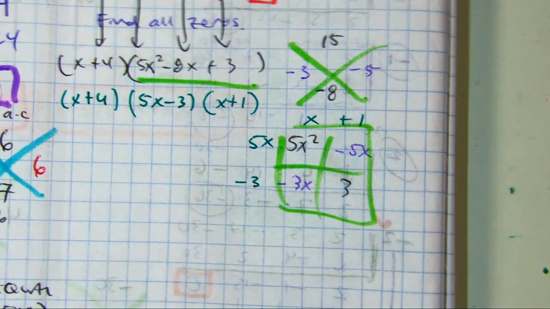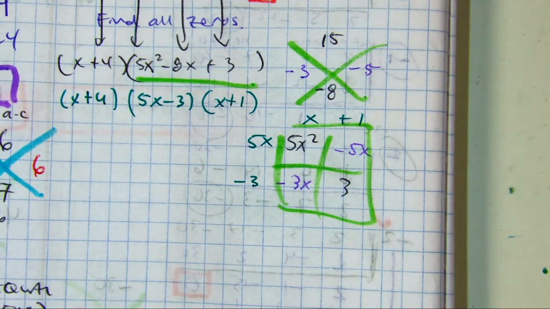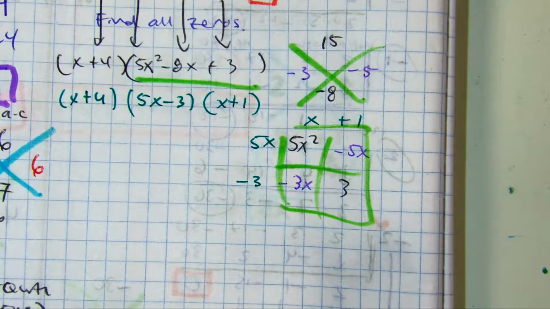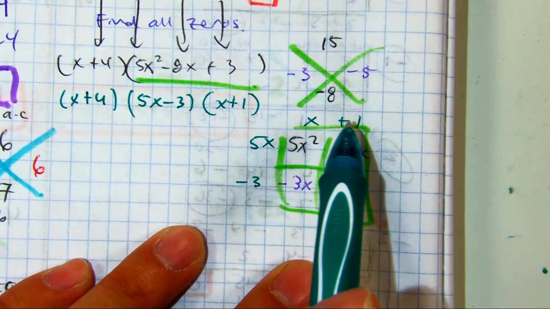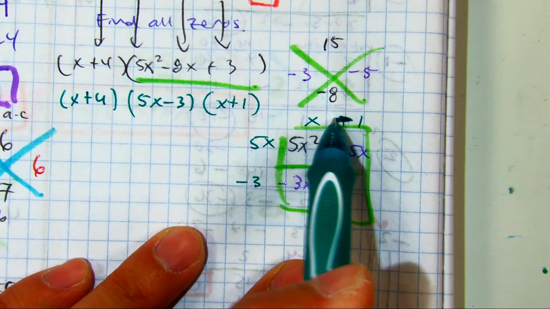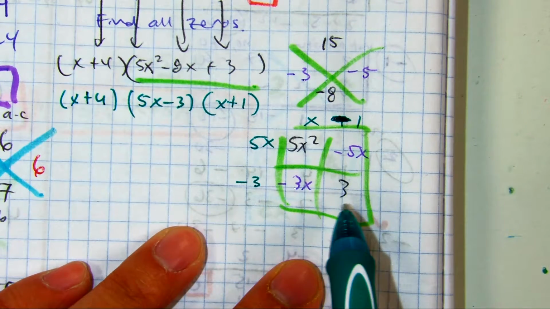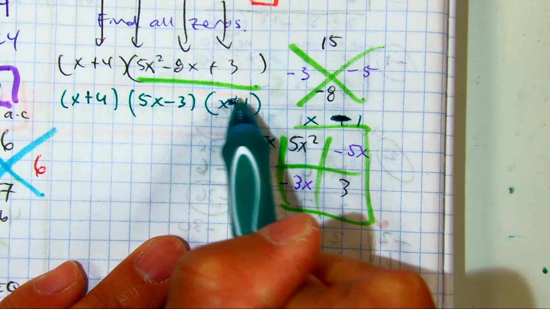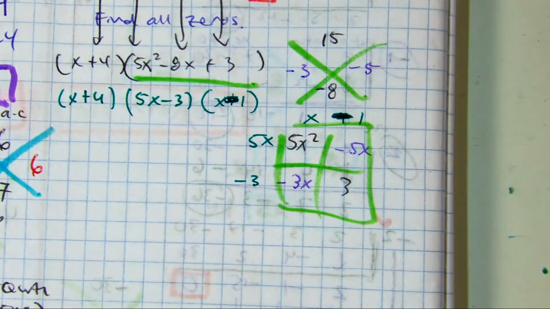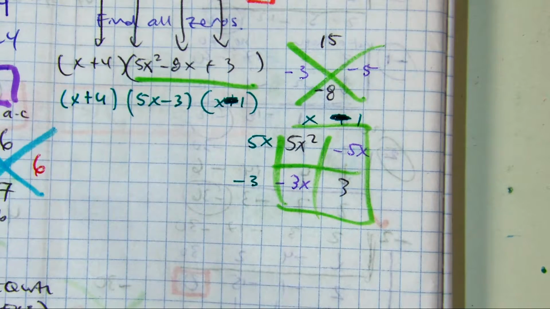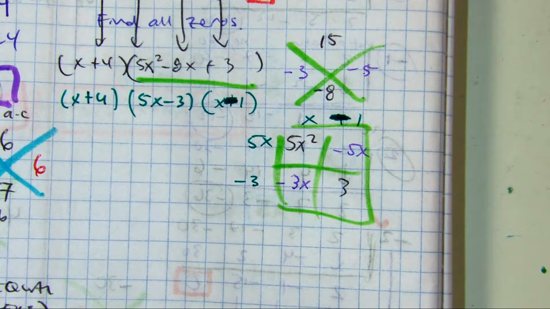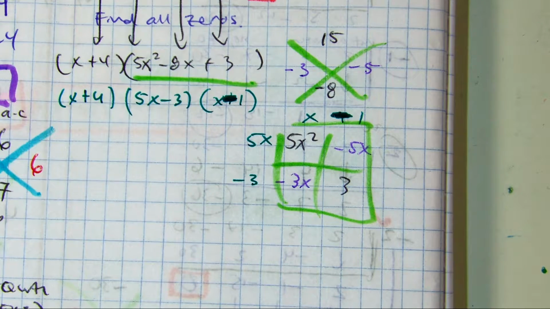Alonzo, what's a negative times a positive? Negative times negative gives us a positive. So that should be a negative. Okay, so this is our answer if we want to factor it. Yes? Alright. Next step, we just have to solve it now.